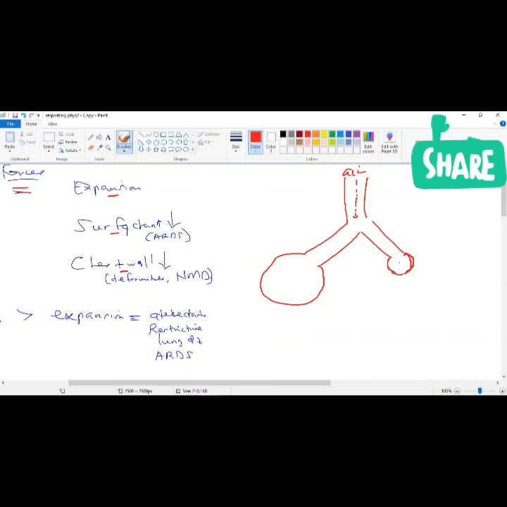I want to ask you guys a question. Where will this air go? Which alveoli will get most of the air coming into the lung here? Is it going to be this dilated one, the larger one, capital A, or this smaller one, small a? What do you think? Which alveolus will get most of the air coming in here, the larger one or the smaller one?